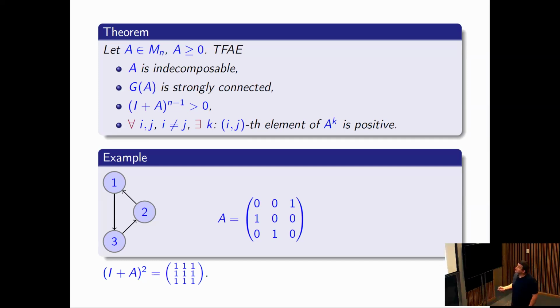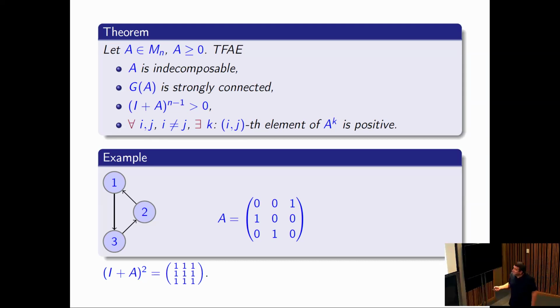So here is a similar type of condition. And condition number 4 is just another reformulation of this algebraic condition, because we have the binomial formula, as the identity and A commute, and saying this is non-zero is equivalent to saying that there exists k such that the ij element of A to the power k is positive.